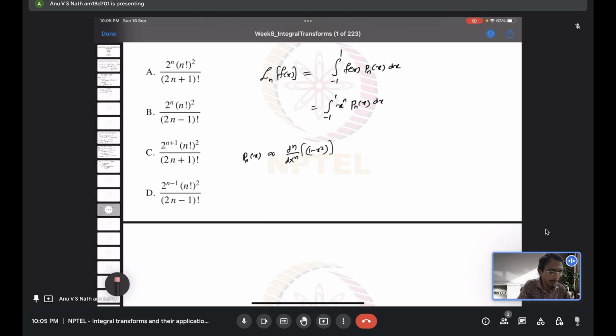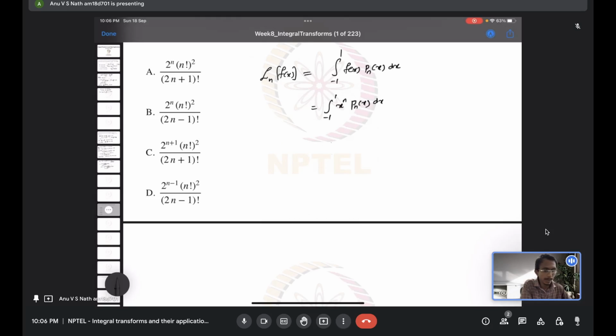I don't remember exactly. But that also is not going to help here too much. See, this is an integration, and we need to substitute for Pn of x, or you can use integration by parts. Then you convert to Pn derivative, Pn double derivative. Then use the properties of Pn double derivative in terms of Pn derivative. Those things maybe you can try. I haven't tried them, but they may also work.